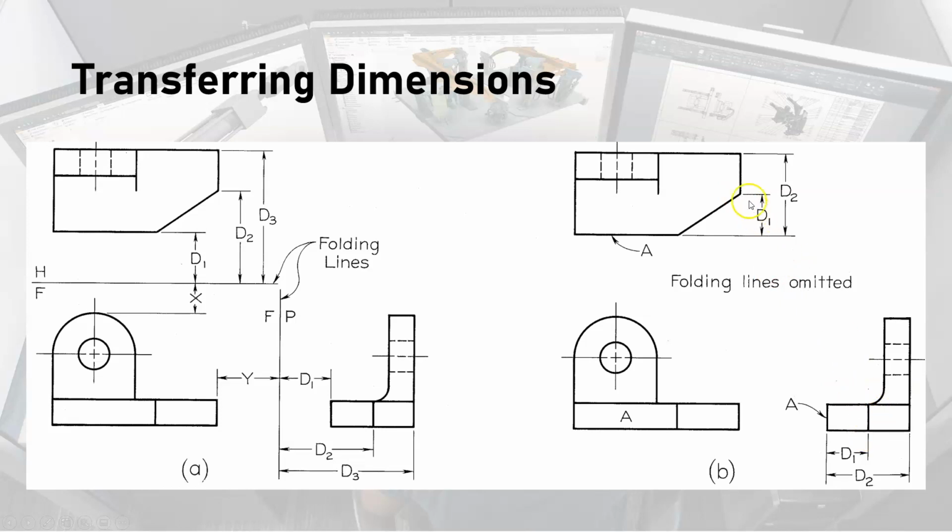So this edge is the same as that right there. So D1 is the same, D2 is the same right there. This surface right here, what's labeled A, is shown right here as an edge. So this surface is shown as an edge in the top view and shown as an edge in the right side view.